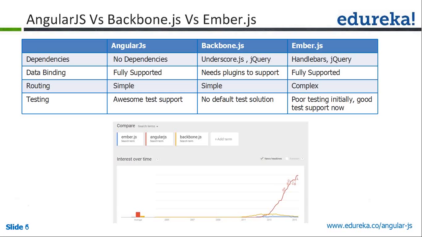Normally if you use jQuery or any other framework, you have to read the data and bind it in the HTML, like using the dollar sign with that particular class or ID and setting its value. But here you need not do that. Whenever you update your model, it automatically updates the view. So data binding is really simple in AngularJS. Did I answer your question, Ravi?